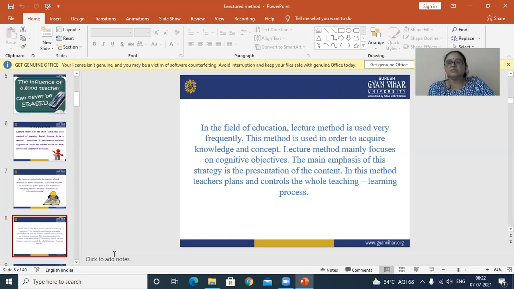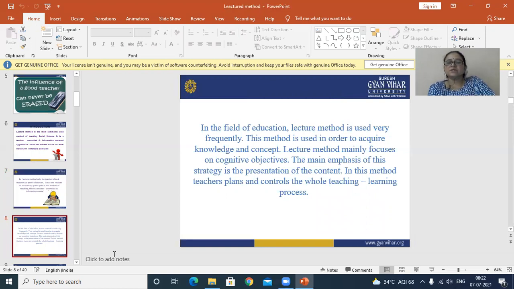Lecture method mainly focuses on the cognitive objectives. The main emphasis of this strategy is the presentation of the content.